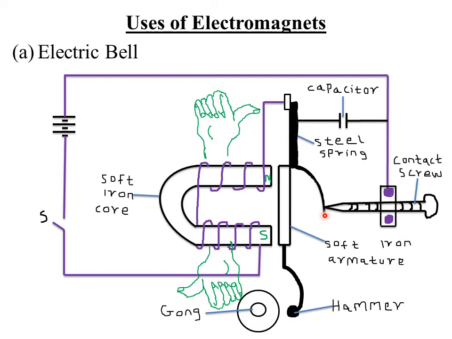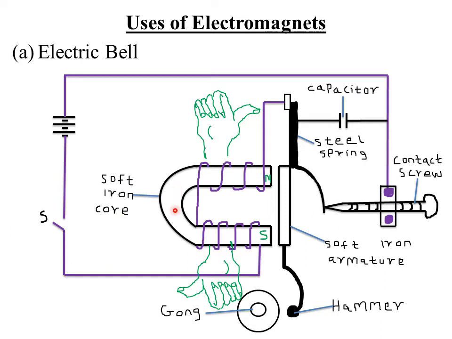Now, whenever the contact is separated, it means the circuit is broken, or incomplete. Therefore, the magnetism in the soft iron core dies off, and the spring returns the armature to its original position. When this contact is broken, the current is not flowing through this cable, so the magnetism of the soft iron core, the electromagnet, dies off.